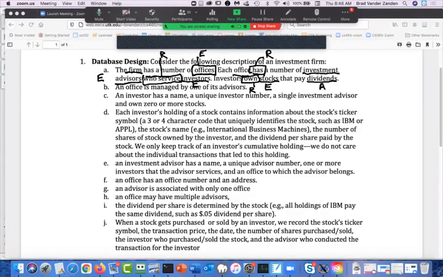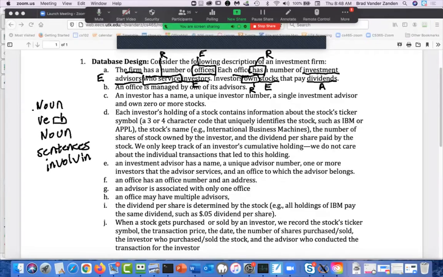So when you end up with noun, verb, noun sentences involving two or more entities, that is probably describing a relationship.